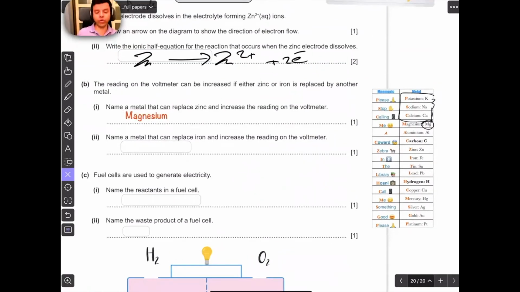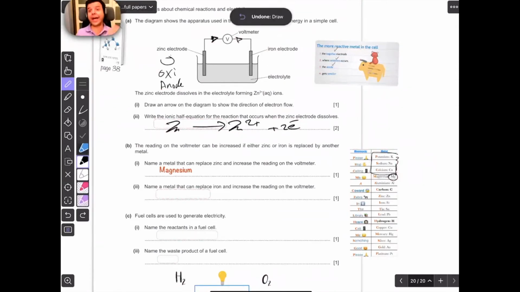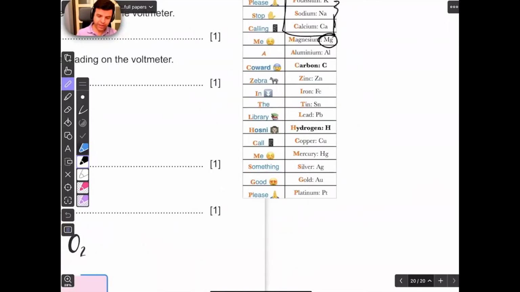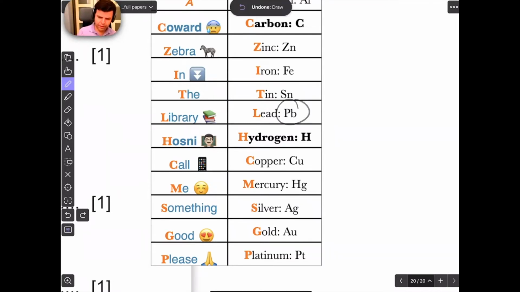What if I want to replace the iron here with some other metal? Again, for the same reason, if I am to increase the voltage, then I go as low as possible in the reactivity series, to choose a metal that is low in reactivity. Something like what would I choose there, Heidi? Lead. Maybe lead, maybe copper.